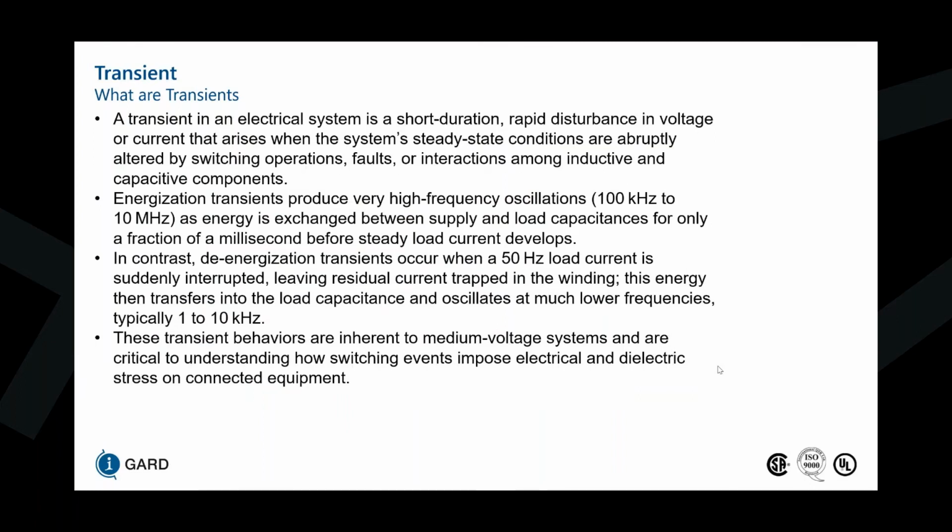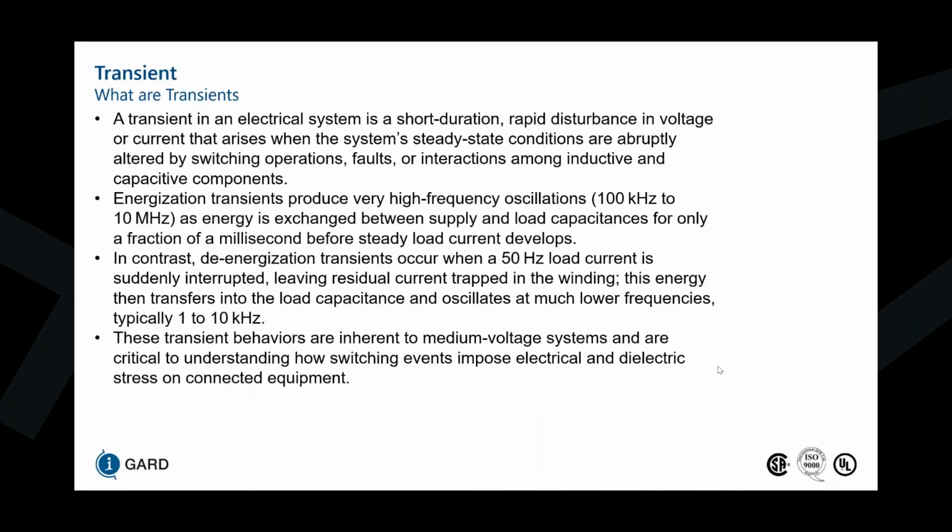During energization, transients can produce very high frequency oscillations between 100 kilohertz to 10 megahertz, as energy is exchanged between supply and load capacitances for only a fraction of a millisecond before steady load current develops. On de-energization, transients occur when a 50 Hz or 60 Hz load current is suddenly interrupted, leaving residual current trapped in the winding.